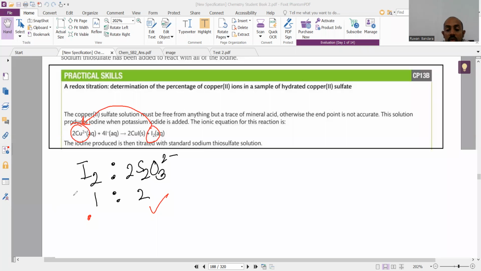That's how you continue the calculation and find the amount of copper 2 plus present. Is this clear? And remember, in this particular titration, thiosulphate to copper 2 plus ratio is 1 to 1.